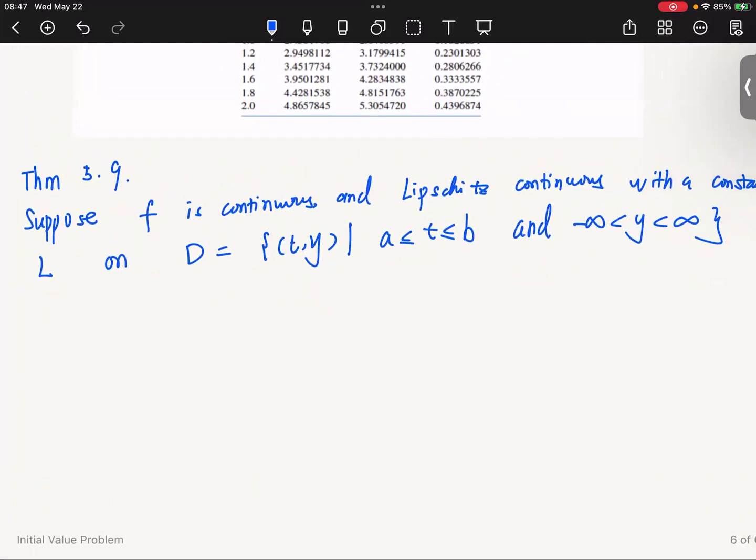We also assume, from the derivations of Euler's method, something about the second derivative. Here we have some assumptions on the second derivative of the y function. We suppose there is a constant M that is the bound for the second derivative.